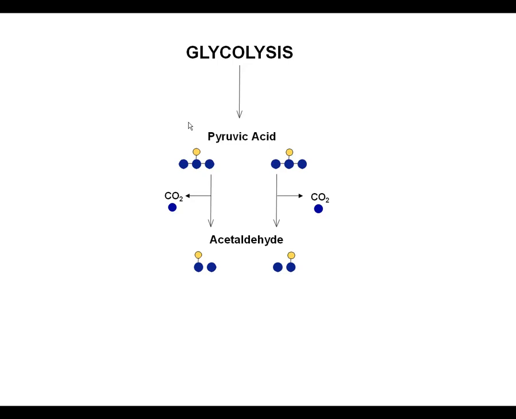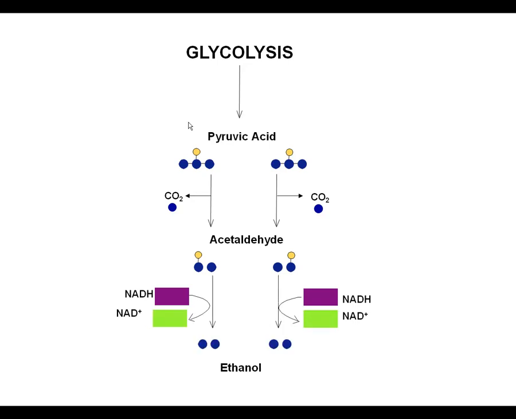So instead of being oxidized, this molecule is going to be reduced. We're going to add a molecule of NADH to each of the acetaldehydes, and that NADH is going to be oxidized by giving up its hydrogen to NAD+, and our final reduced product is ethanol. Much easier than aerobic respiration.